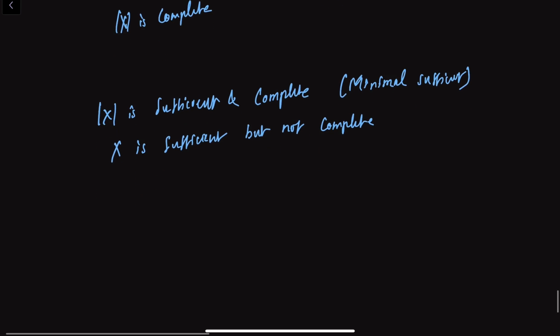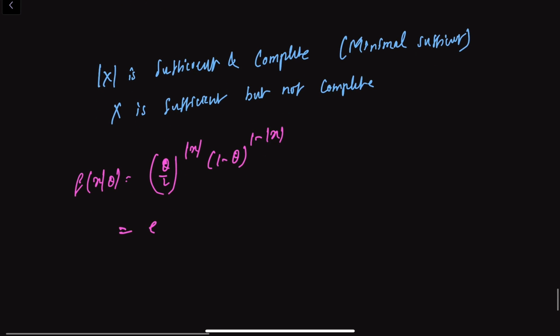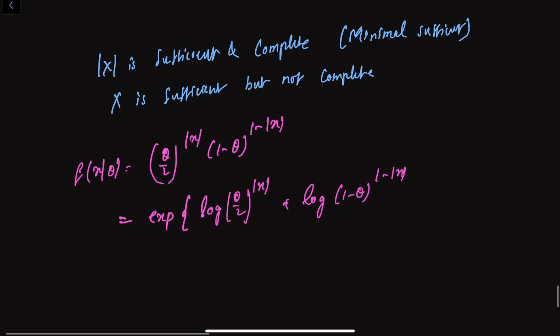Now in the second part, we need to check whether f(x | theta) belongs to the exponential class or not. f(x | theta) is given as (theta/2)^|x| times (1 - theta)^(1 - |x|). That is exp of [|x| log(theta/2) + (1 - |x|) log(1 - theta)].